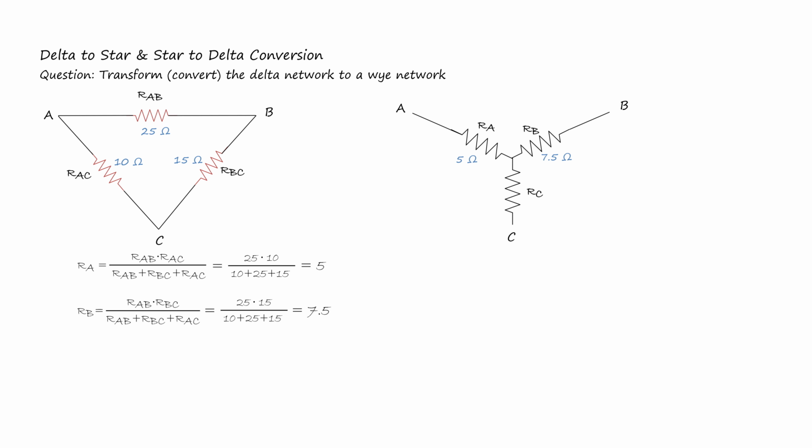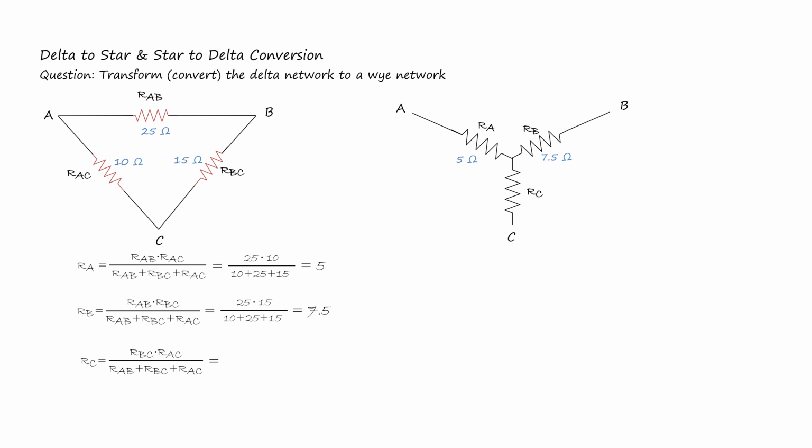Now let us find RC. RC is equal to RBC times RAC over RAB plus RBC plus RAC. In the given circuit, RAC is 10 and RBC is 15 ohms.